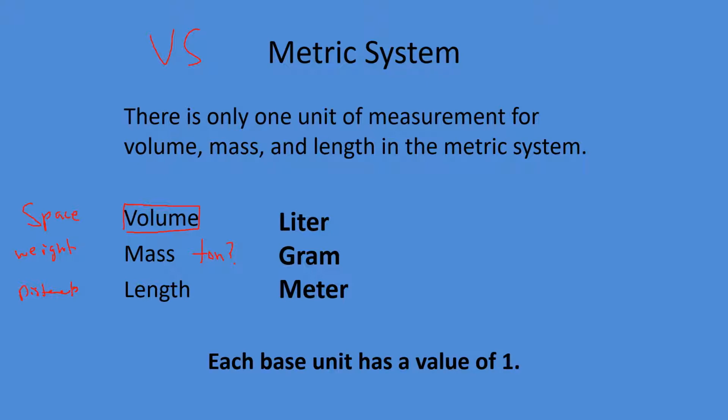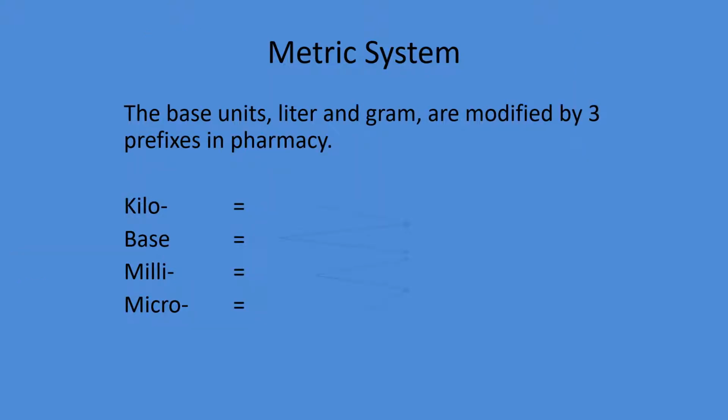And you're familiar with base 10, right? That's our system of numbers, the base 10 system. All right, prefixes. What do prefixes do? They modify. So kilo means 1,000, and as you recall, the base unit is 1. Milli means 1/1,000th.